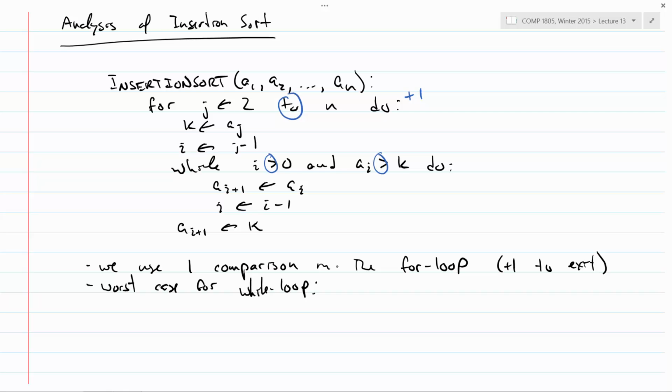So the worst case for the while loop is that i goes all the way down to 0. And if that happens, then how many comparisons do I do? Well, that's a complicated question. How many iterations do I do? I would do j minus 1 iterations.